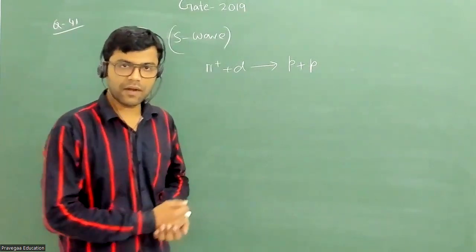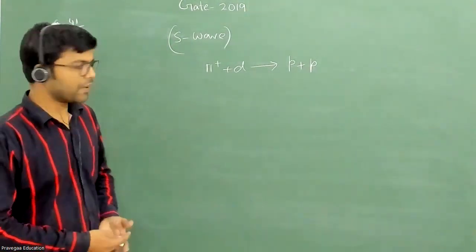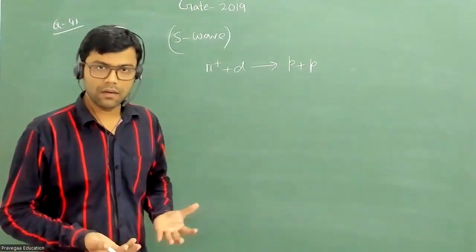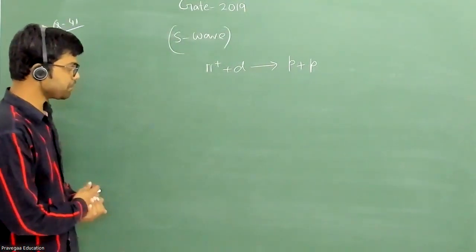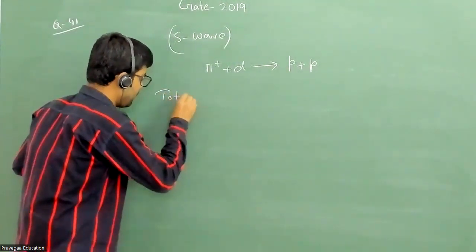So basically what I'm trying to say, this will be your strong interaction. And in strong interaction, the total parity of the left hand side will be the same as the total parity of the right hand side. Now how do we define the total parity of the left hand side?